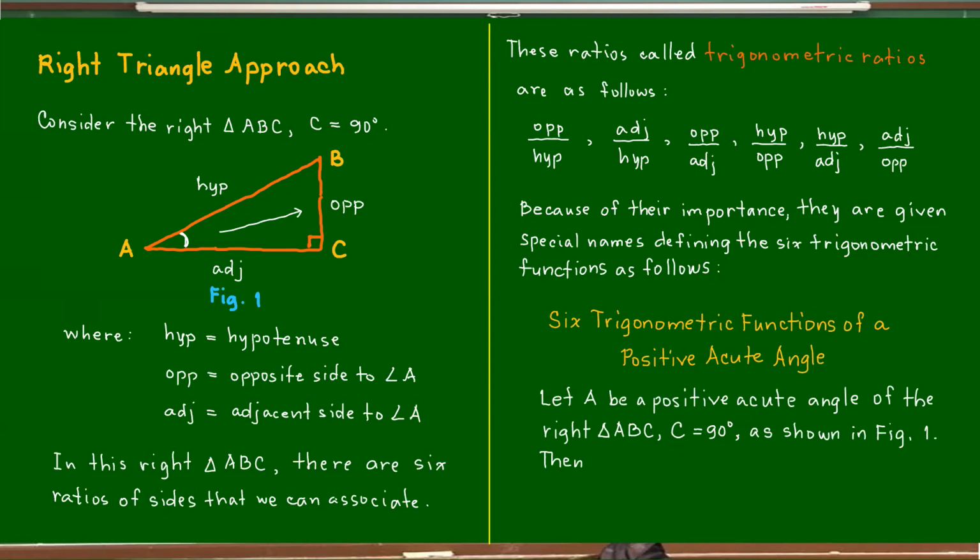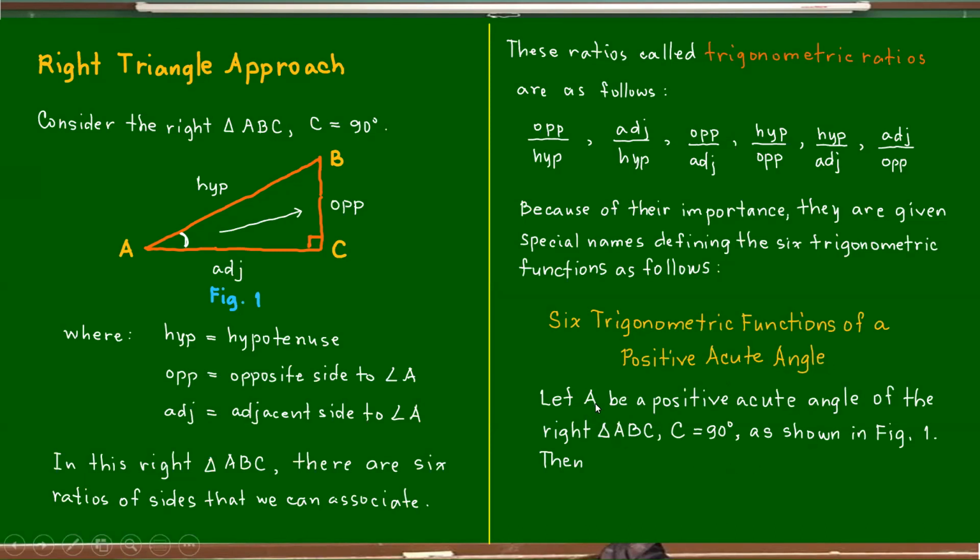Beyond 90 or less than 0 degrees, we are not going to consider, even 0 degrees and 90 degrees for the meantime. But later, once we go to the Cartesian plane approach, we can generalize the study of trigonometric functions to apply not just to positive acute angles, but to any angle. But for the meantime, it's limited to positive acute angles.